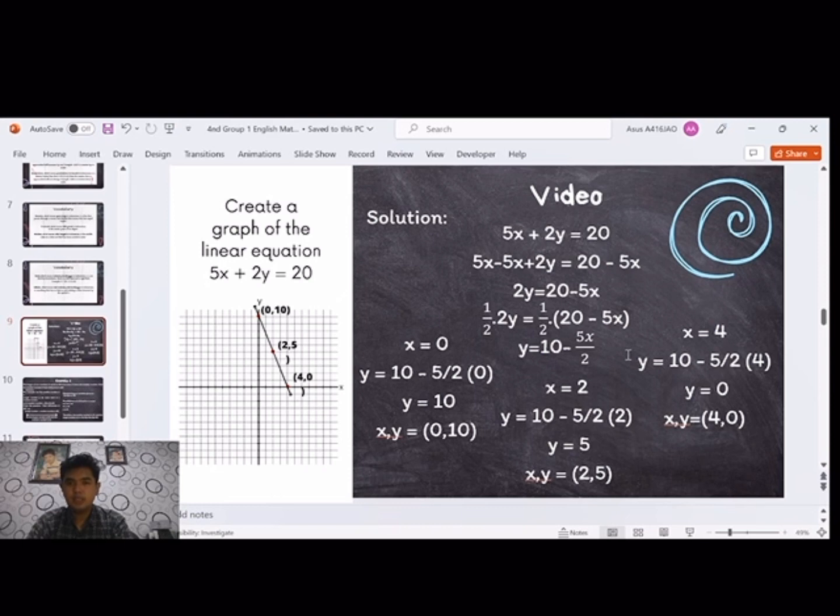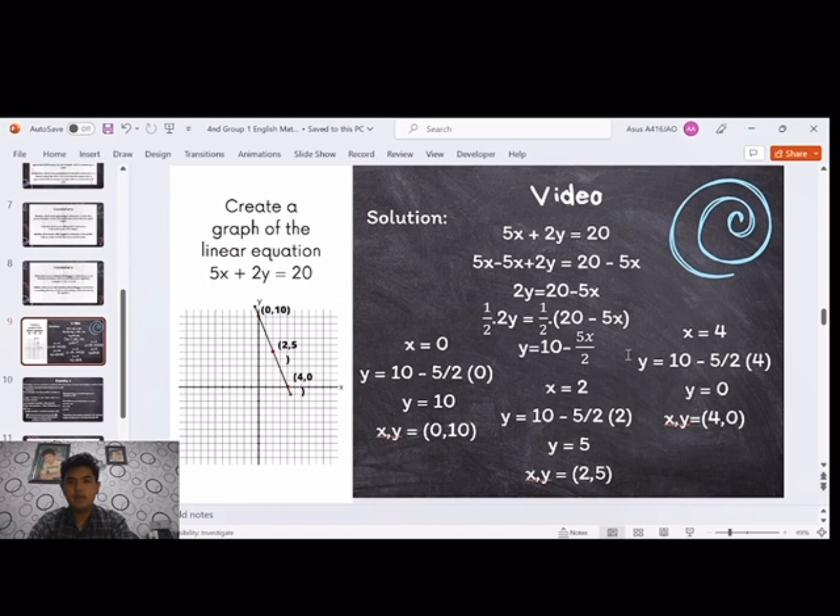And then I multiply both sides by one half, so it will be y = 10 - 5x/2.